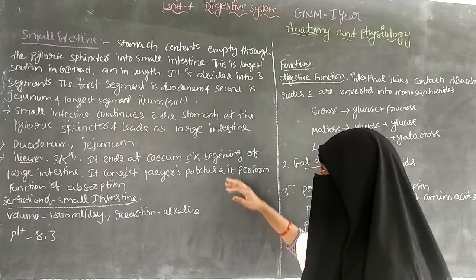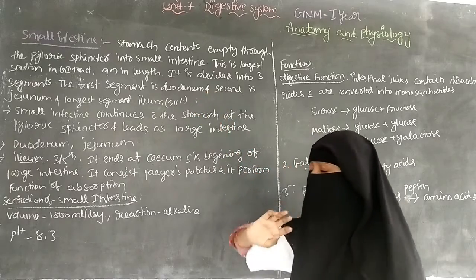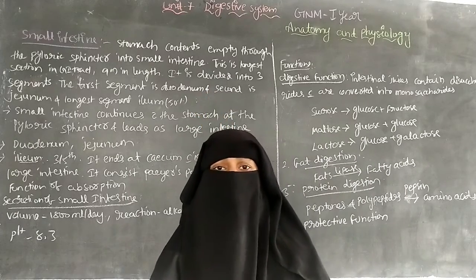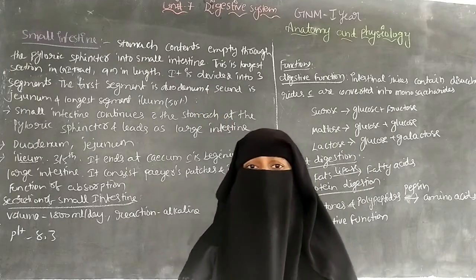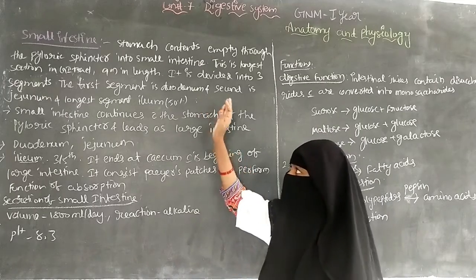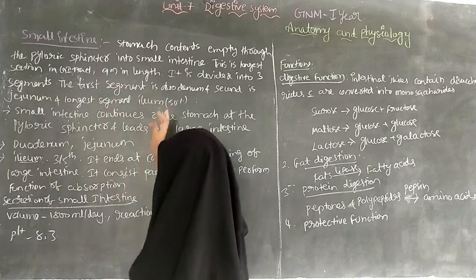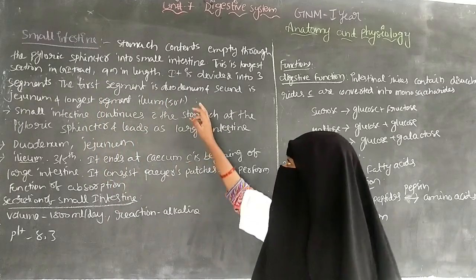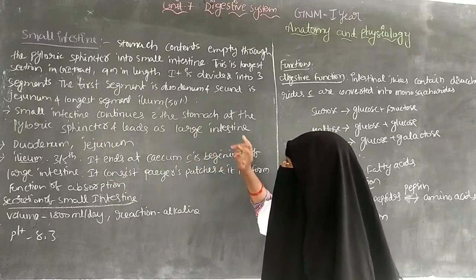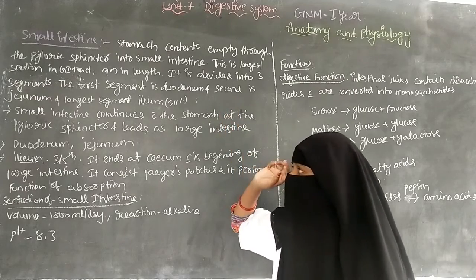The duodenum is the shortest and wider one. It is fixed in the small intestine, and it is C shaped. The second is the jejunum.